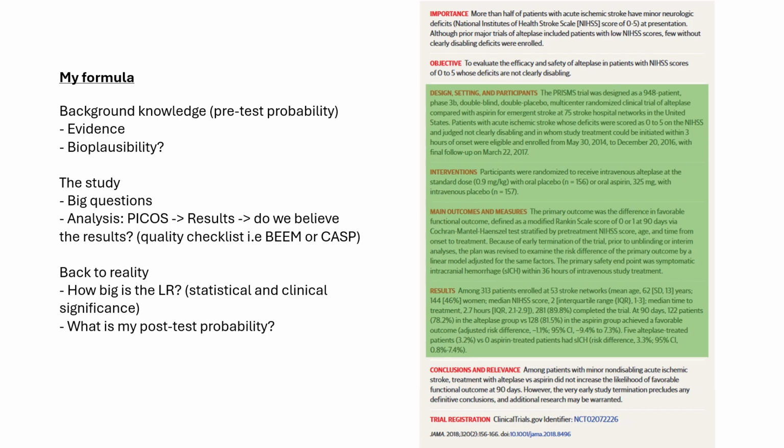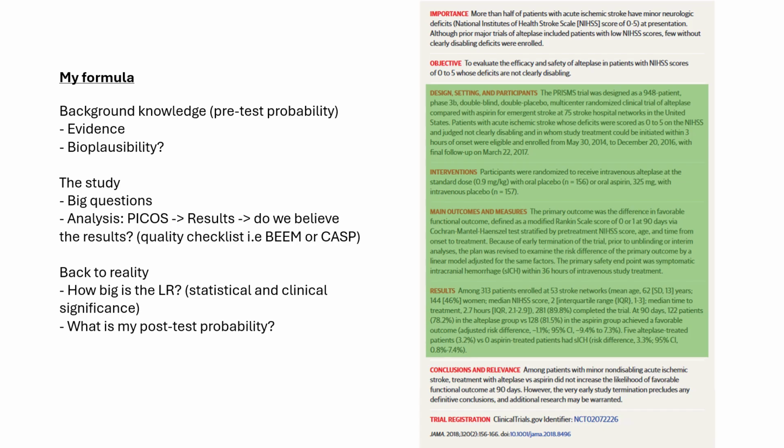For instance, if you take the stroke example again, you might think that if you give thrombolysis to someone who's just had a stroke, because thrombolysis is something that lyses or dissolves thrombi, then it should be obvious that giving that should make everyone 100% healthy, right?